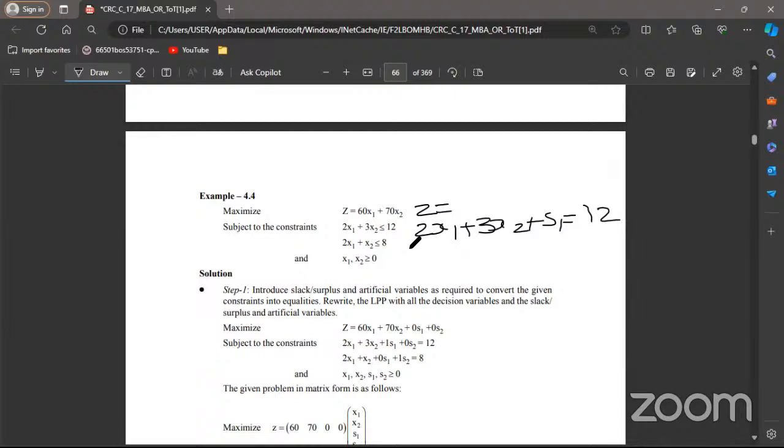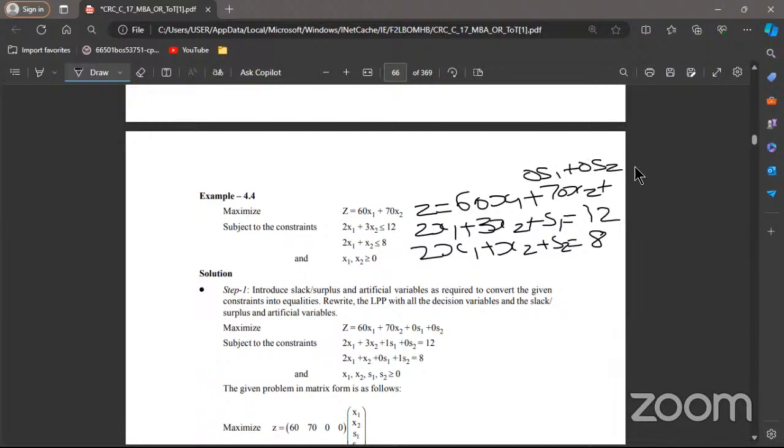Second constraint, 2x1 plus x2 plus s2 is equal to 8. In the objective function we also have to introduce these new variables: 60x1 plus 70x2 plus 0s1 plus 0s2. Is that clear?